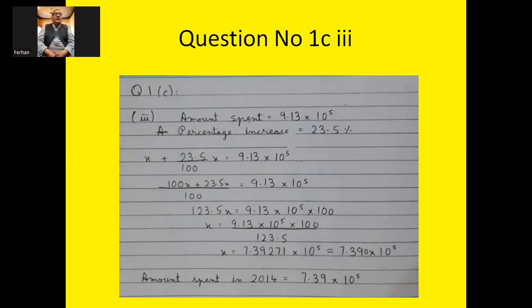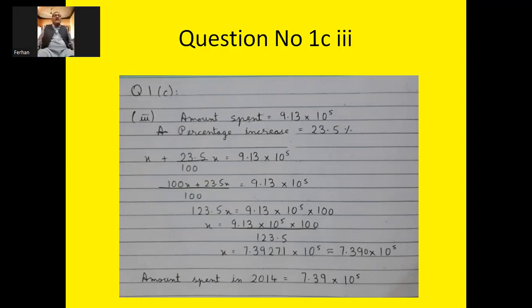So you will have 123.5X equals, this 100 will go to the other side and multiply there. So X equals 9.13 x 10^5 times 100 divided by 123.5. That 123.5 which was multiplied with X, if you come to this side, it will divide.